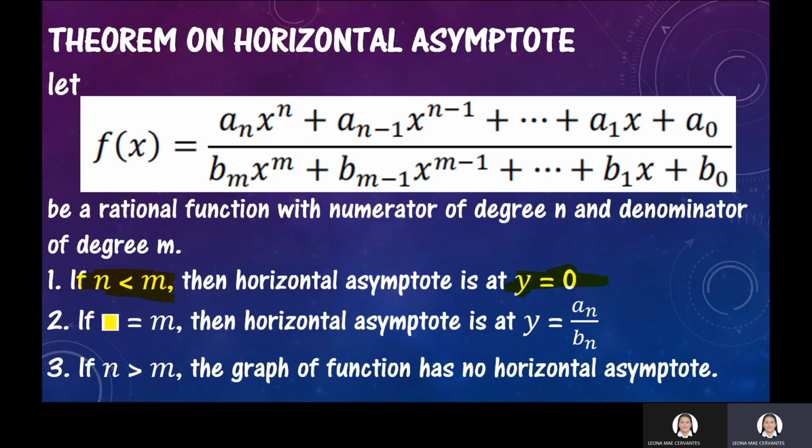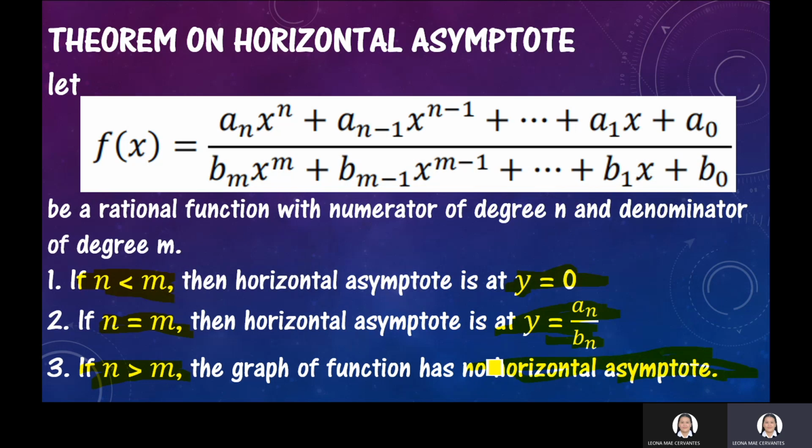If n is equal to m, then the horizontal asymptote is at y is equal to a sub n over b sub n. If n is greater than m, then the graph of the function has no horizontal asymptote.